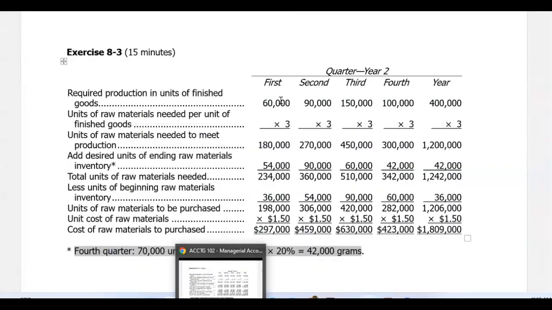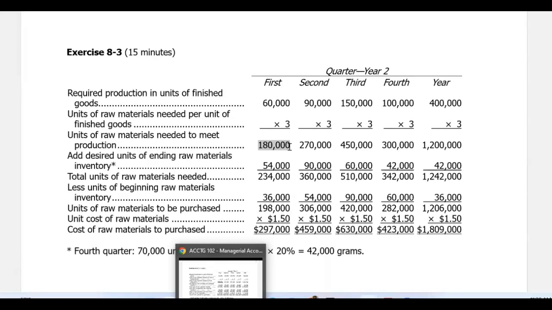So 60,000 units we are producing. 3 grams are required. So 60,000 times 3 grams, that means we need 180,000 grams of musk oil for the first quarter. Desired ending inventory of raw material is already 20% in the inventory, right?